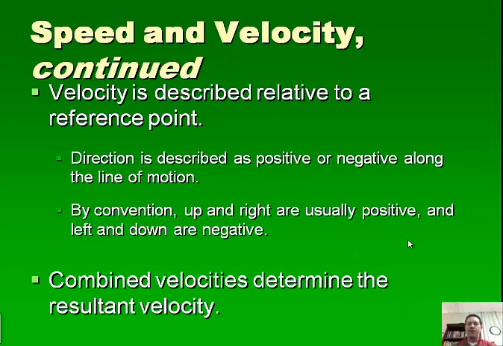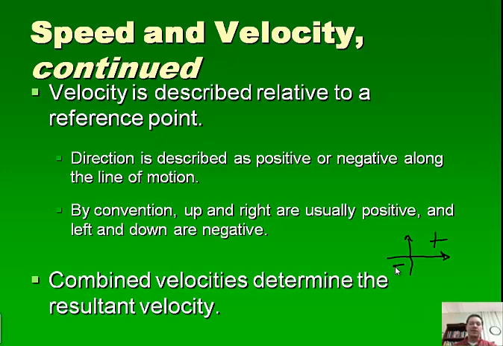So if we were to make a coordinate plane, where we have a little graph with an x and y coordinate, anytime we move to the right or up, it's going to be positive. If we ever move down or left, it becomes negative.